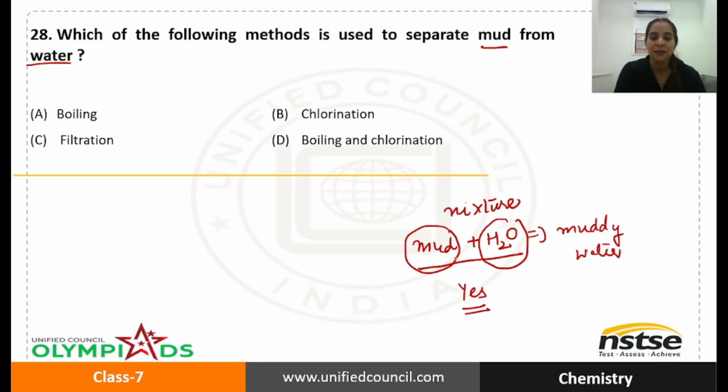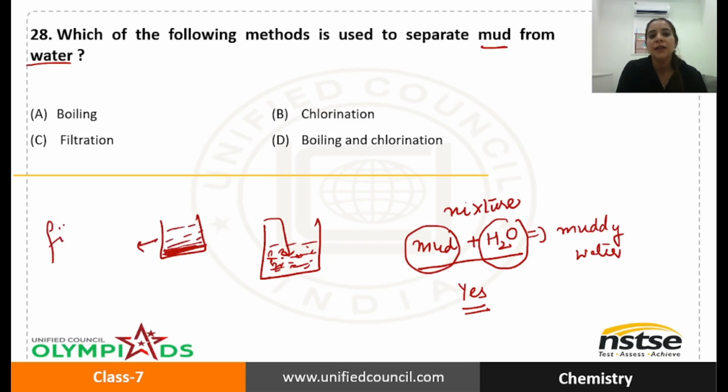But how can we separate it? If you take a container containing water and add mud to it, just try it out today at home, and keep it undisturbed for some time, you will see that mud settles at the bottom, and then we can filter this solution.